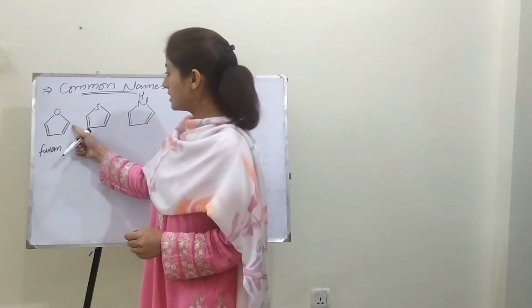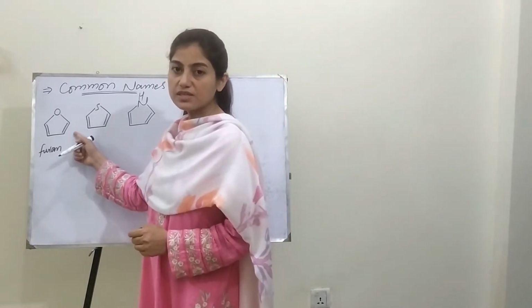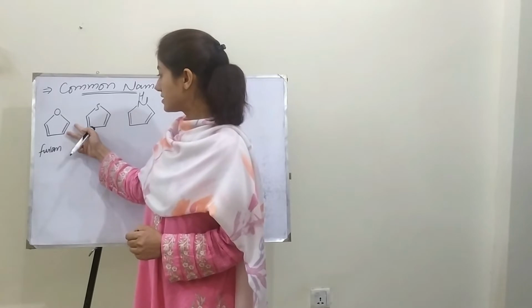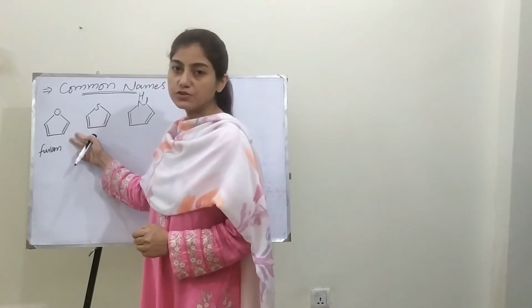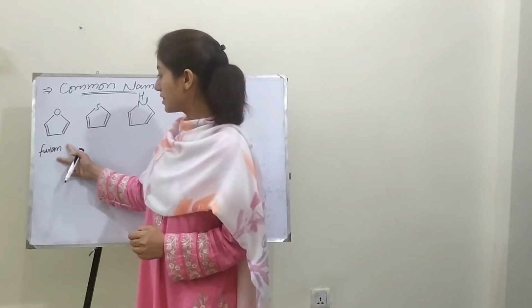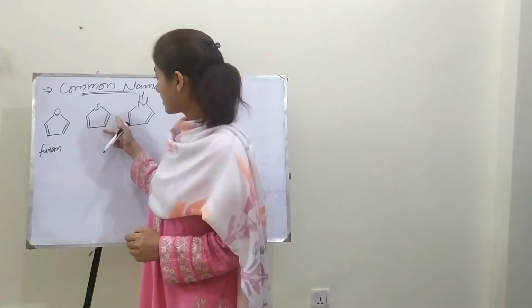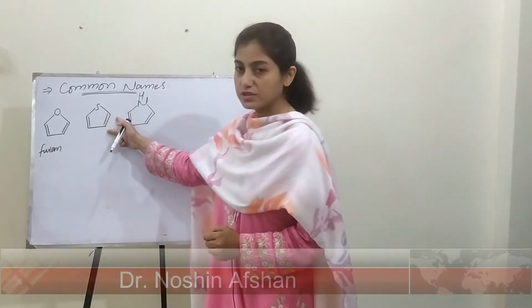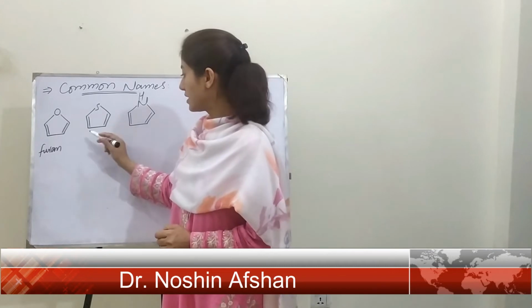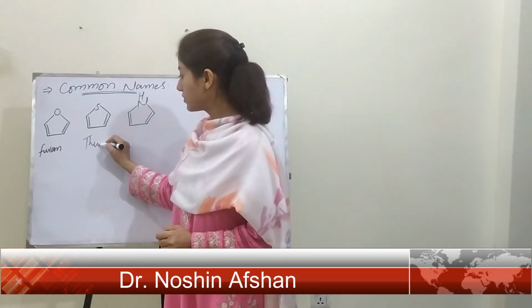For example, the 5-membered oxygen-containing unsaturated heterocycle has been given the name furan, and the 5-membered unsaturated heterocycle containing sulfur is named as thiophene.